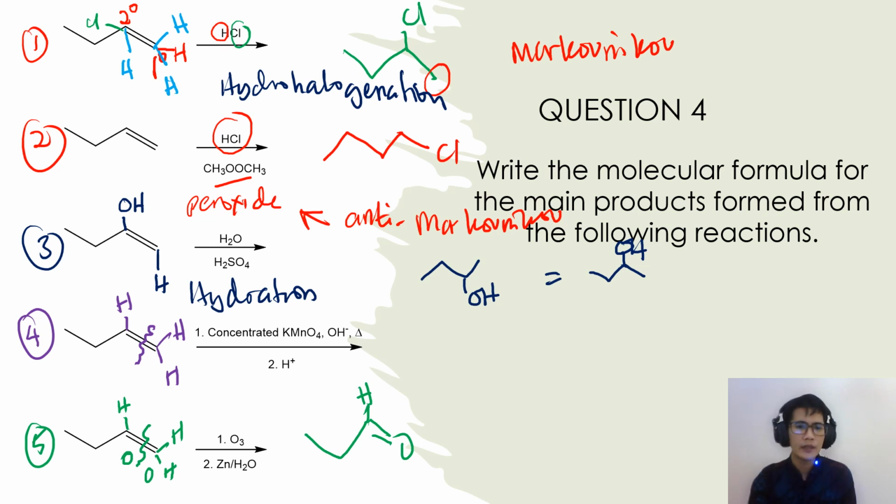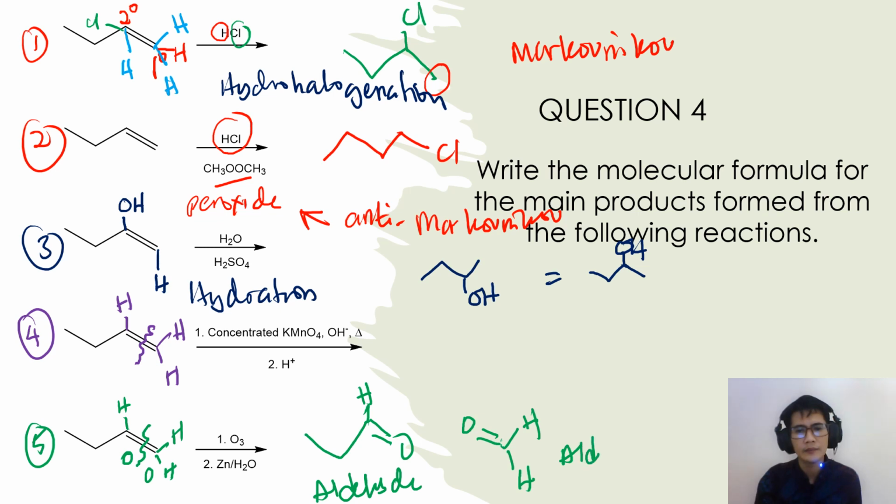As for the product from the carbon on the right, you will get O double bond H. This one is an aldehyde, and this one is also an aldehyde actually, but specifically this one is methanal.